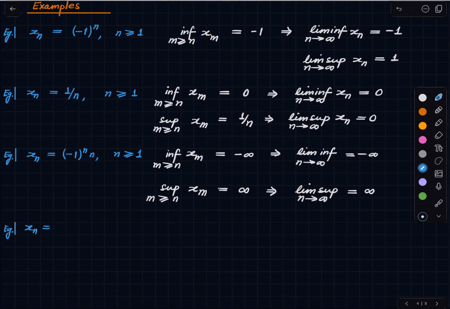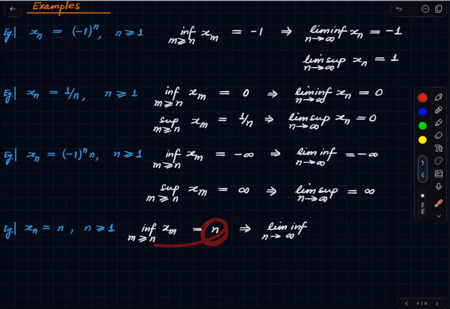So this time x_n equals n for all n. And this time the infimum is n, because it is an increasing sequence. The infimum of these numbers is n, and that implies the liminf, which is just the limit of these numbers as n approaches infinity, is infinity.